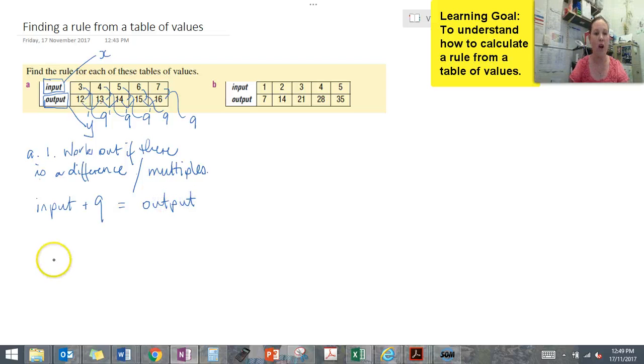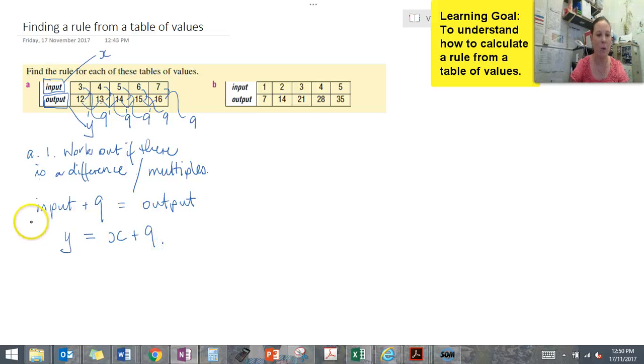Now we don't usually write rules with the words input and output in them. So let's call our input X and our output Y. And we're going to say then, Y equals, which was our output, and then X for our input plus 9.